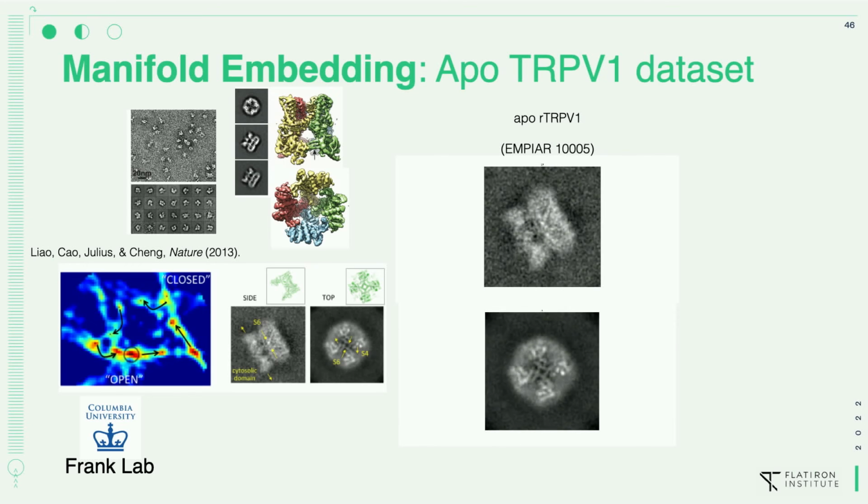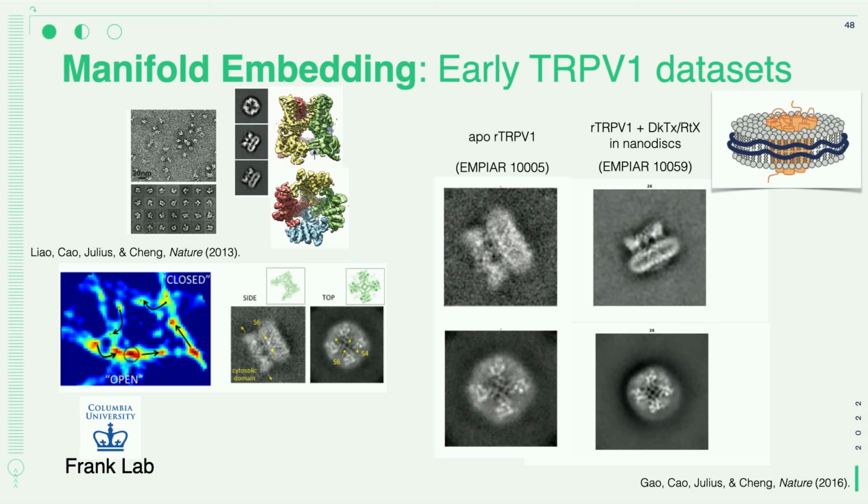So I was interested in doing this better, for a newer data set with more particles. I ran this on the TRPV1 bound with two different toxins and in nanodiscs, but it turns out that the heterogeneity of the nanodiscs masks out any conformational heterogeneity of the protein that we can see there.